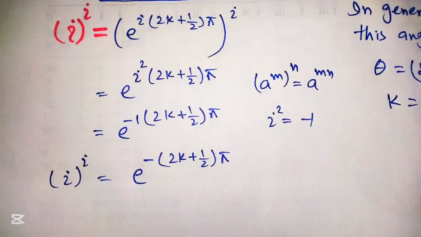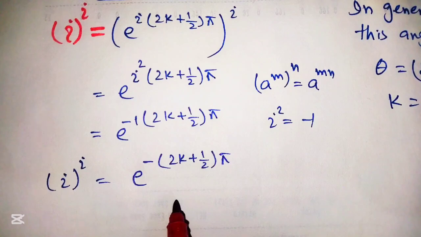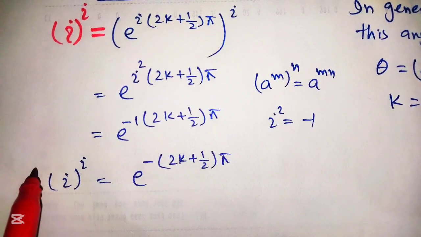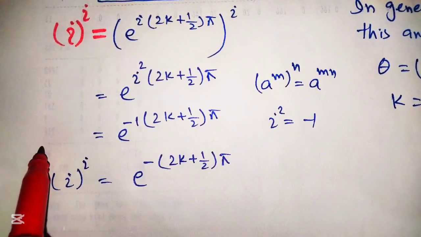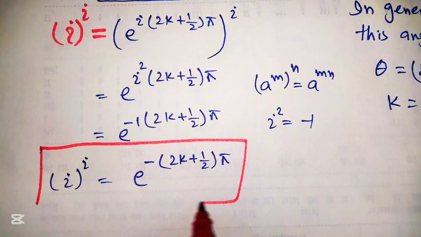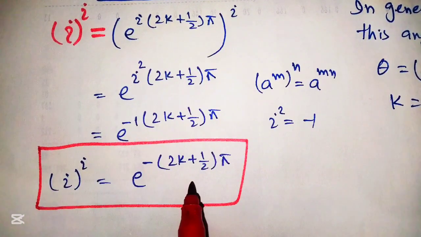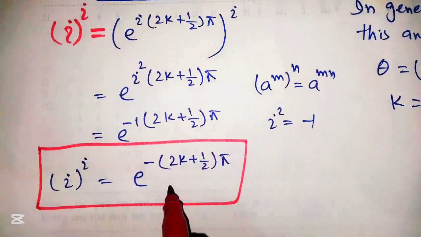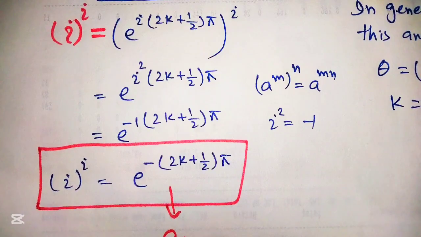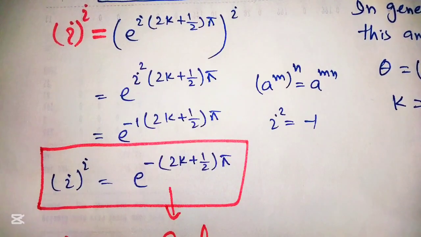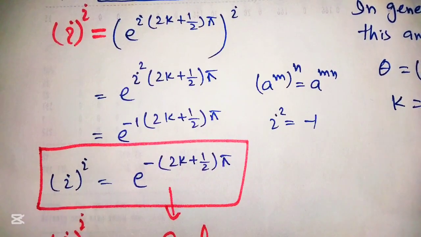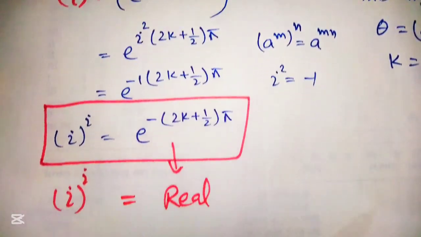So from this we can see that there is no complex number on the right hand side of the given equation. So with the help of this we prove that iota raised to power iota is real. So iota raised to power iota is a real number.